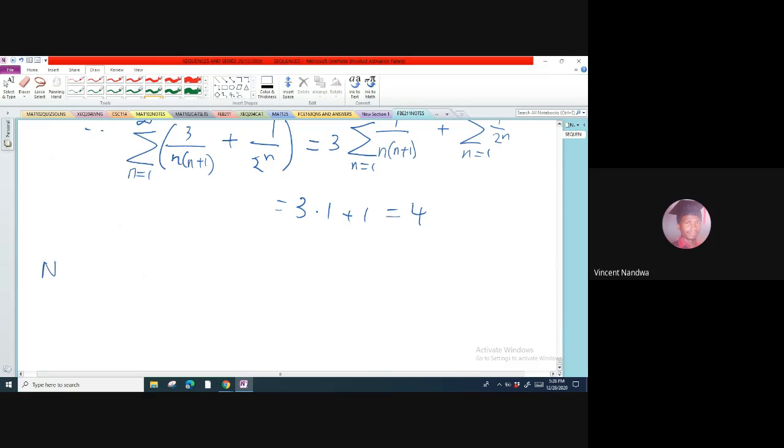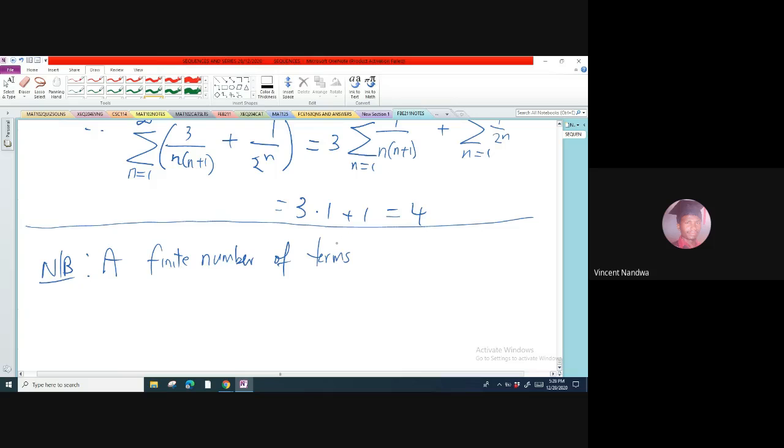I guess a last NB, a finite number of terms cannot affect the convergence of a series.